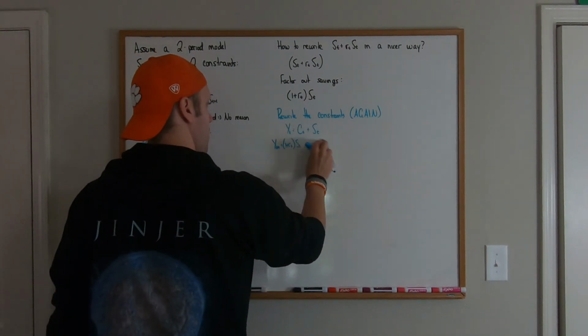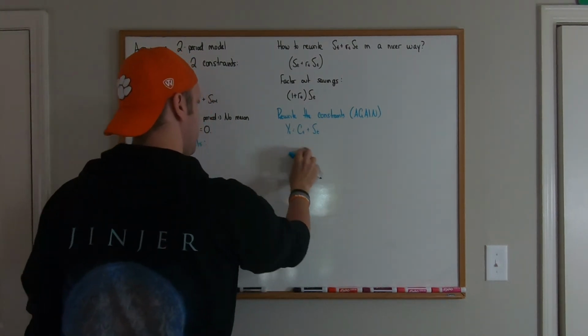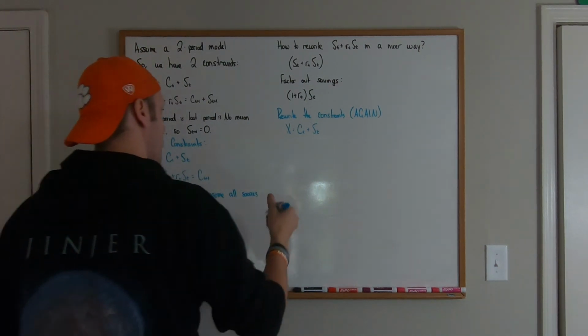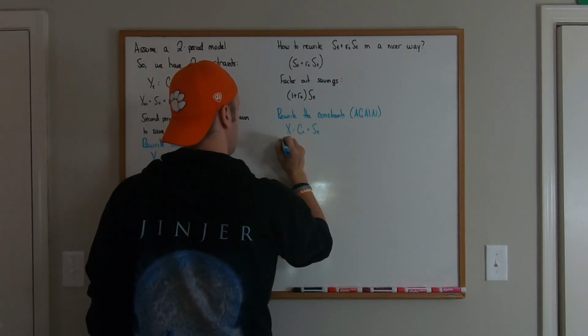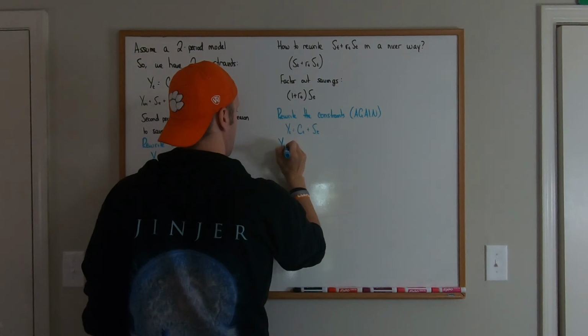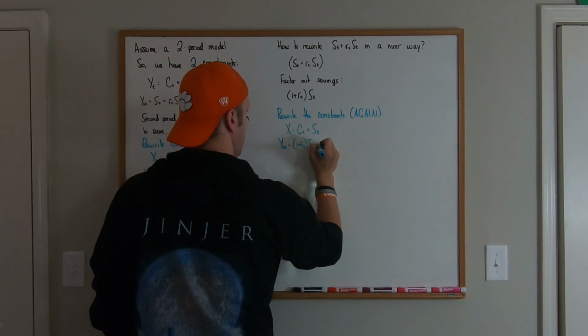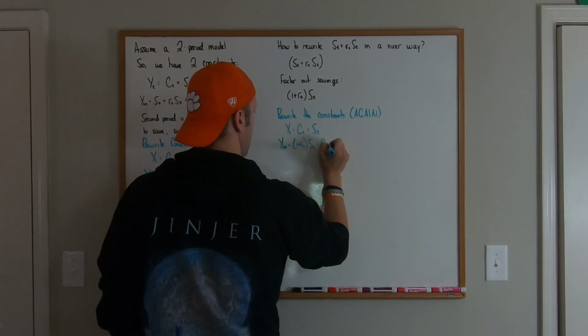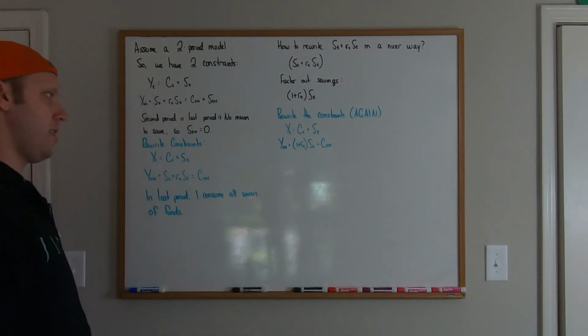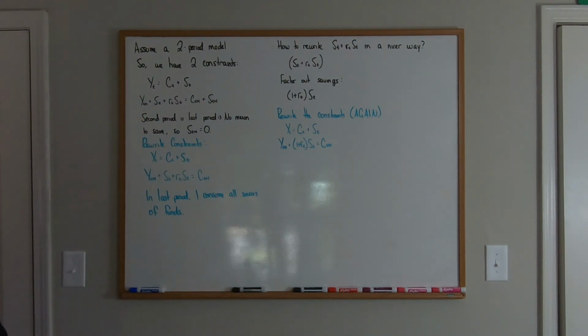I'm not super happy with how I wrote that. It looks a little sloppy, and it's very important that my writing is as legible as humanly possible. So let me rewrite that. So we have that. These are our two constraints.